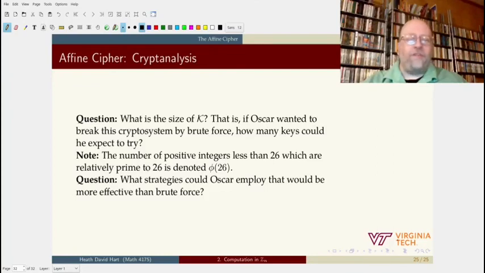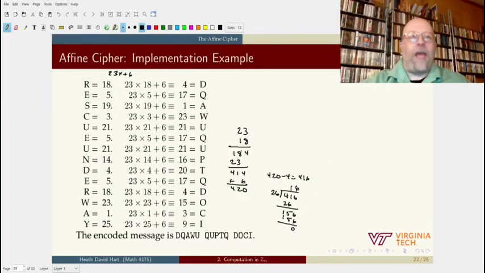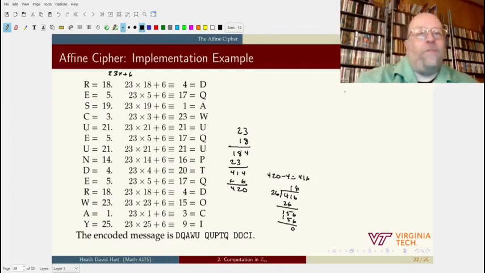What strategies could Oscar employ that would be more effective than brute force? So some of the ones he mentioned on the website for breaking the substitution cipher was to look at, for example, the frequency of certain kinds of letters. If we go back and look at Alice's encrypted message, I see that the letter Q shows up 3 different times in that message.